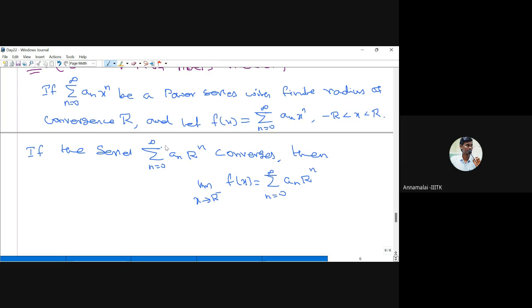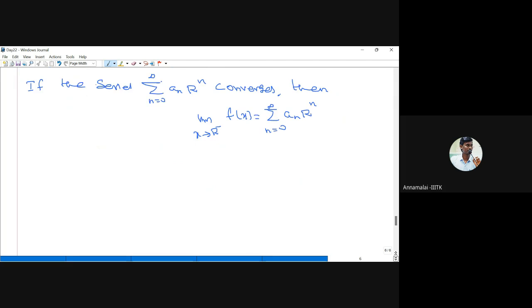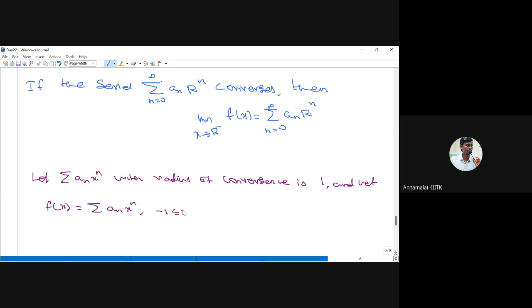In the particular case r equal to 1, I can state the theorem this way. Let summation a_n x power n be a series with radius of convergence 1, and define f of x equal to the series summation a_n x power n in the interval minus 1 less than x less than 1.